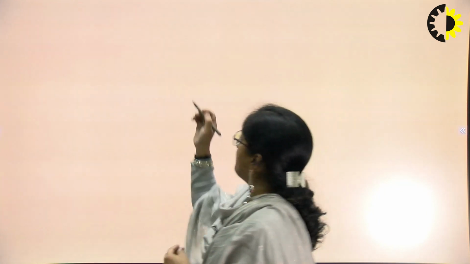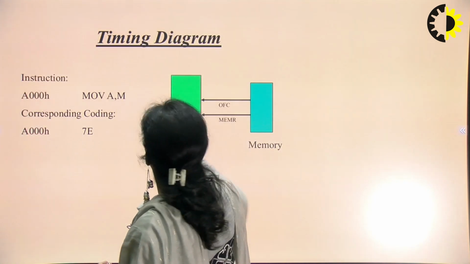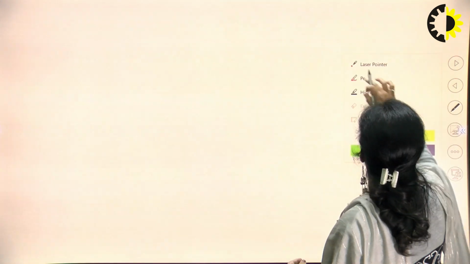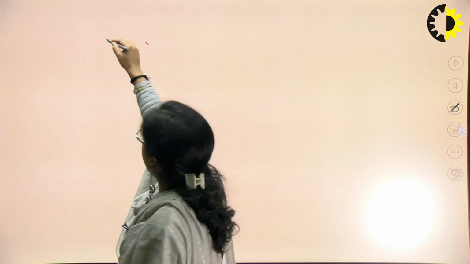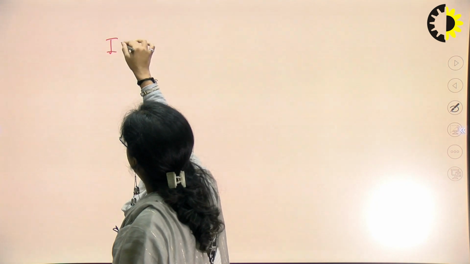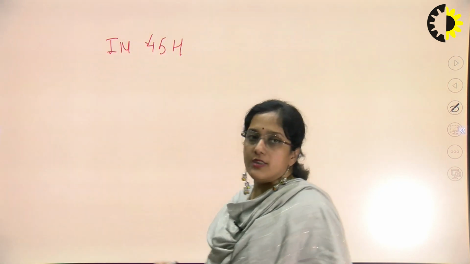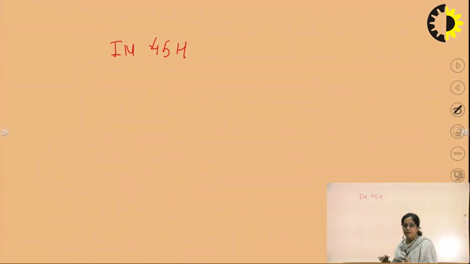In case microprocessor has to read something from an input device, then the IO/M bar signal will be high, indicating that microprocessor is performing an input output machine operation. So if the instruction is IN 45H, then microprocessor is going to read something from an input device.